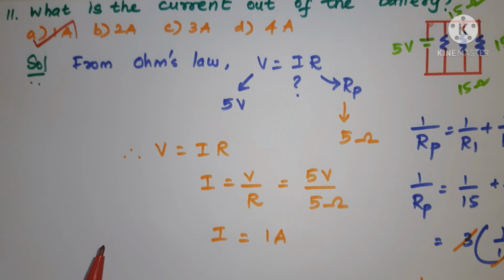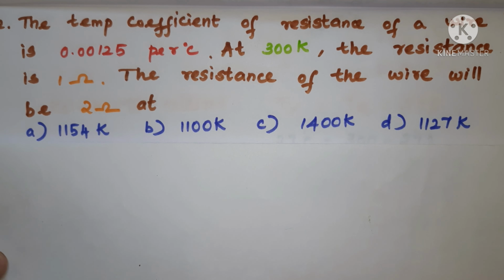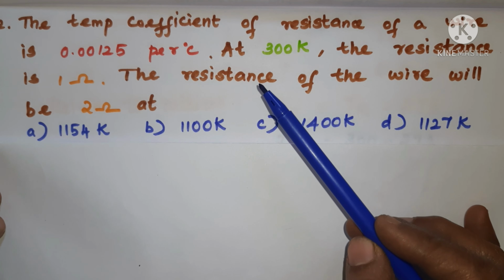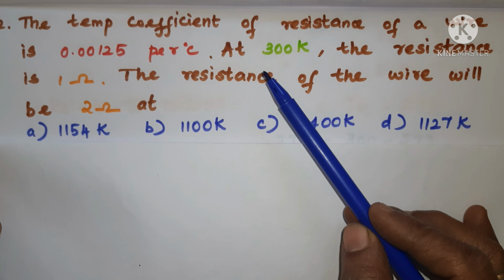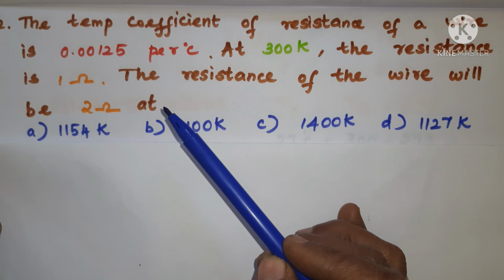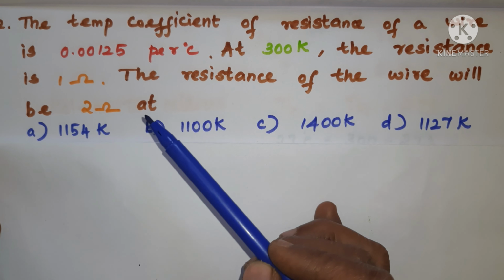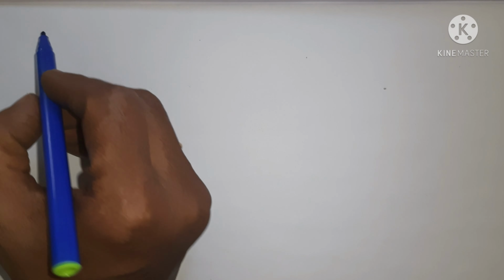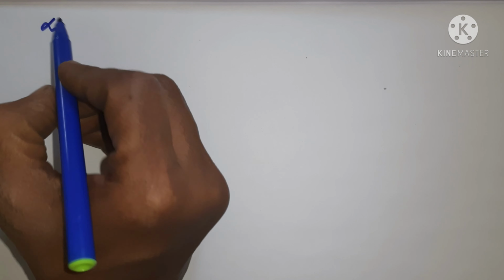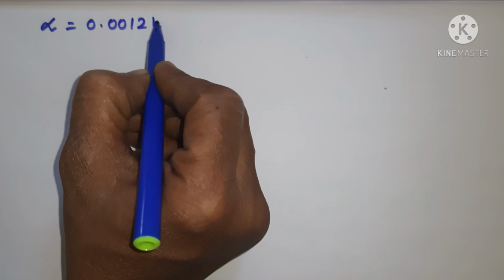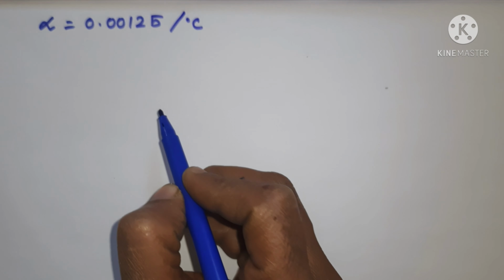It is 1 ampere. Next one, we have the temperature coefficient of resistance of a wire is 0.00125 per degree Celsius. At 300 Kelvin, the resistance is 1 ohm. The resistance of the wire will be 2 ohm at what temperature? The solution is, temperature coefficient of resistance alpha is equal to 0.00125 per degree Celsius.